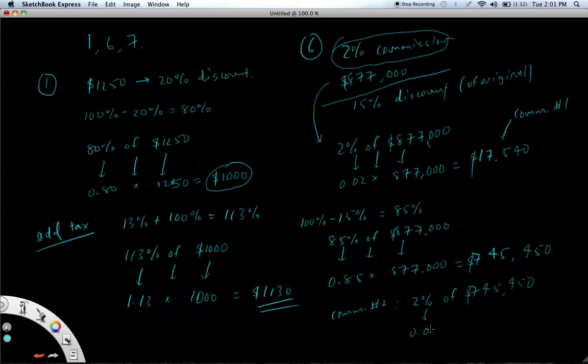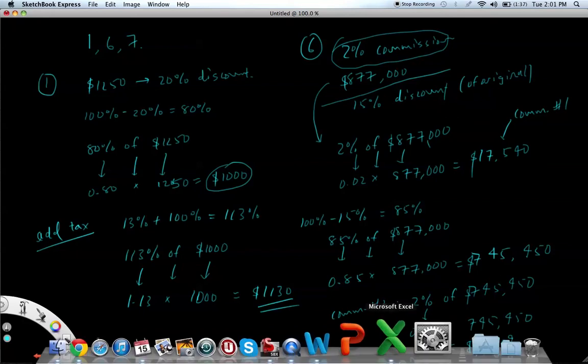So this is 0.02 times 745,450. And if I do that, I get 14,909. Okay, so that's how much commission the real estate agent will receive if it's discounted.